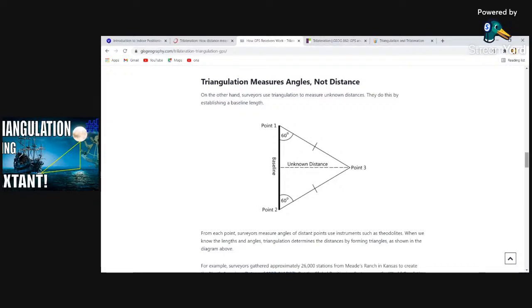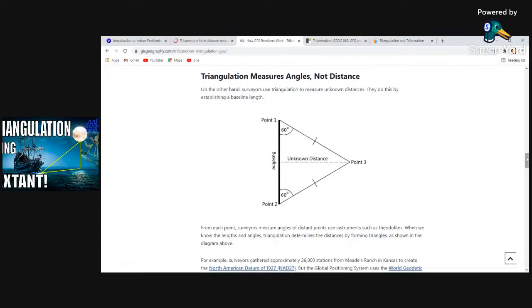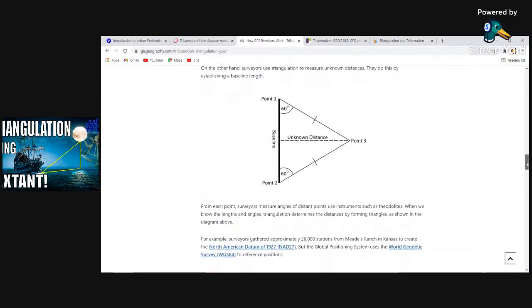Although surveying is very similar, and although surveying needs that flat baseline, 3 straight lines, it's not quite the same as using a sextant, but surveying absolutely also proves a flat Earth. From each point of the survey, the surveyor measures angles of distant points using instruments like theodolites.